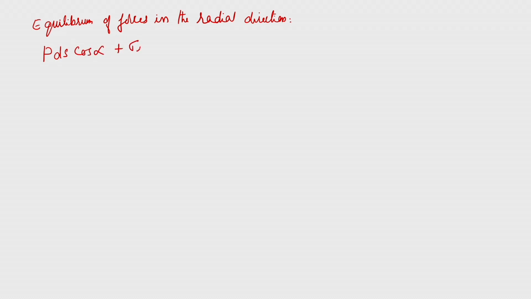plus sigma r dx, that is equal to tau ds sin alpha. That is because, if you write dx is equal to ds cos alpha, that way we can write.